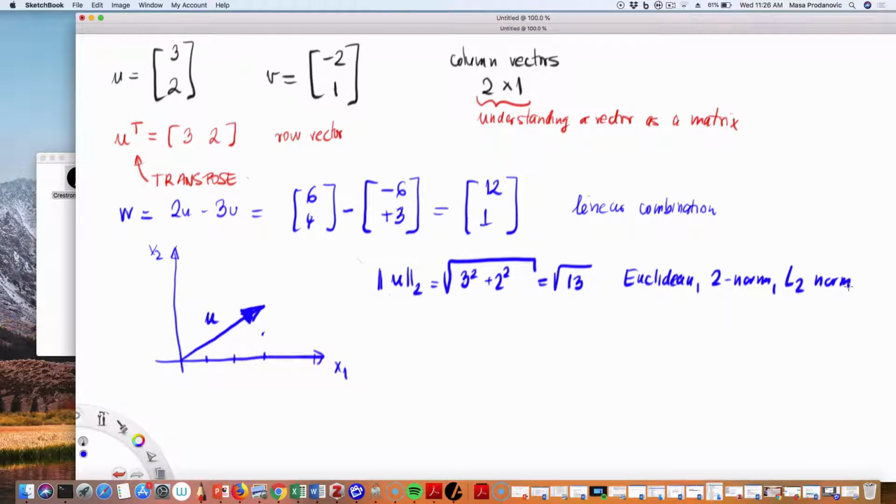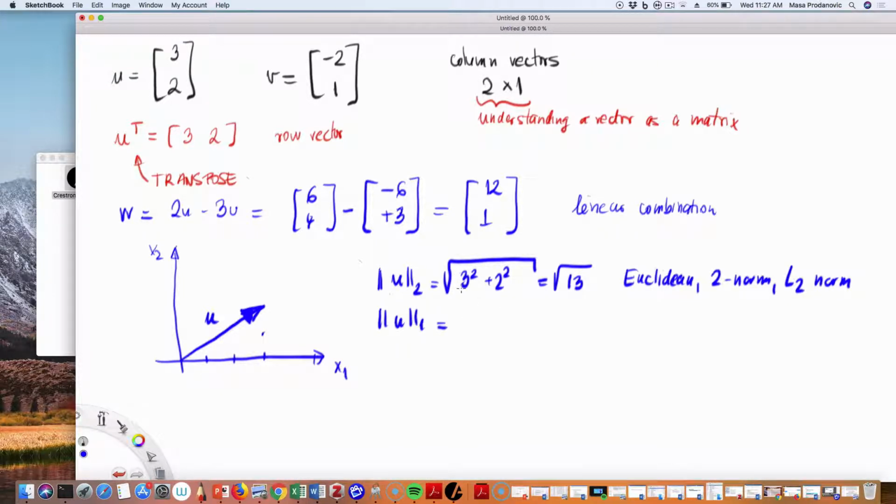Okay? If I had a bigger vector, of course we're always playing with these toy examples that are small but they're easy to conceptualize. If I had thousands of entries, I would just go and square each element, add them all up and take a square root of it. Now we also had 1 norm, which is simply the same thing.